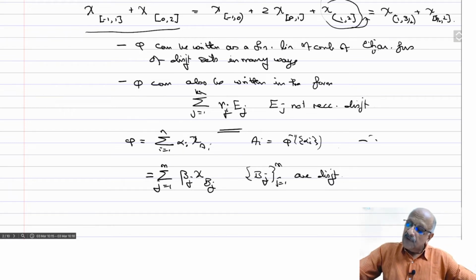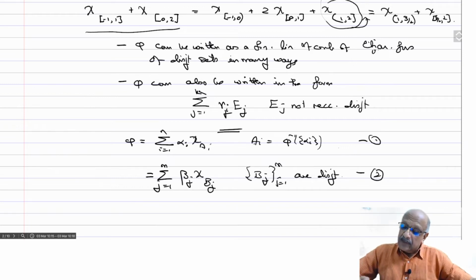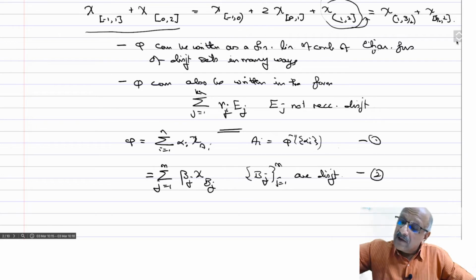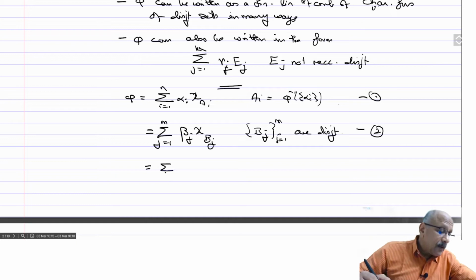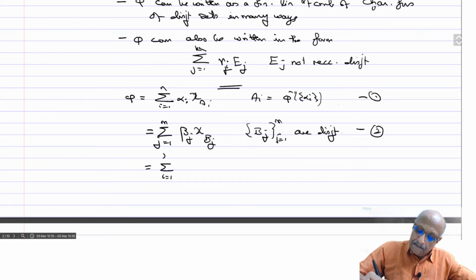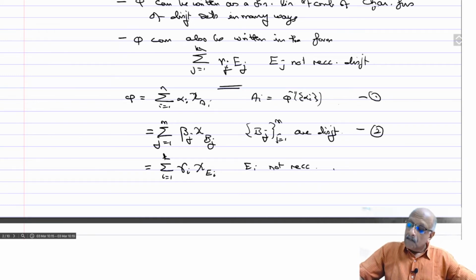This is the first form, this is the second form. They are all disjoint, but they are not necessarily the level sets. Okay, so the third form is the sum over i equals 1 to k of gamma_i chi of E_i, not necessarily disjoint.